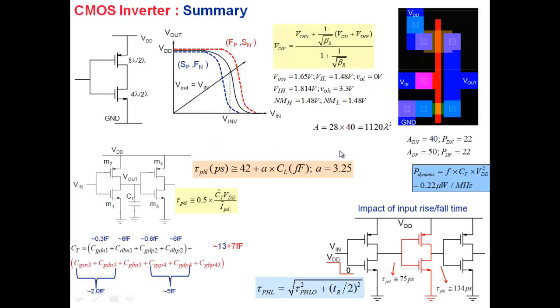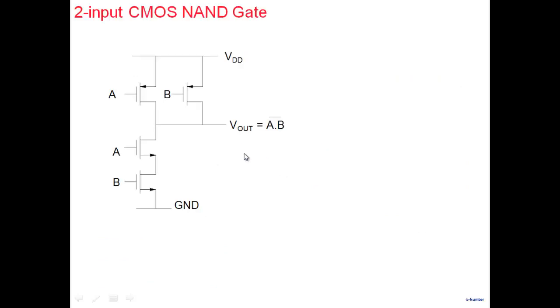Right now, what we need to do is, having looked at inverters, we need to look at the basic gates. The first basic gate is our 2-input NAND gate here. So note that we are talking about a fully complementary CMOS technology. So whatever happens to the NMOS network, same thing happens in a complementary manner to the PMOS network.